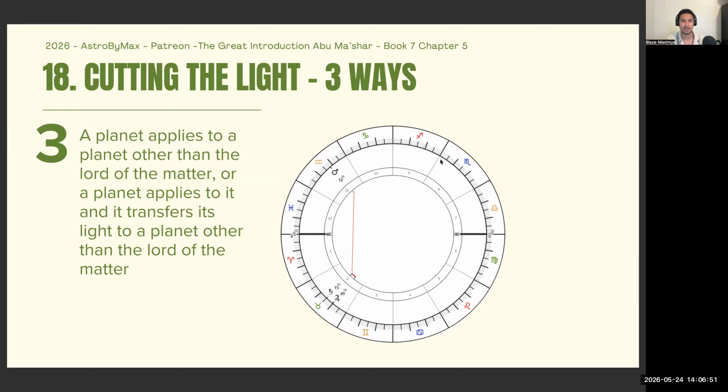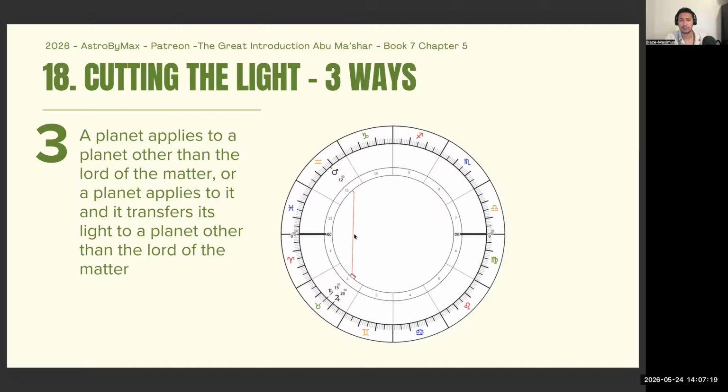Okay, so yeah, Mars is transferring the light from Saturn to Jupiter here, because Saturn and Jupiter are separating and disconnected, and so Mars is connecting them together here.